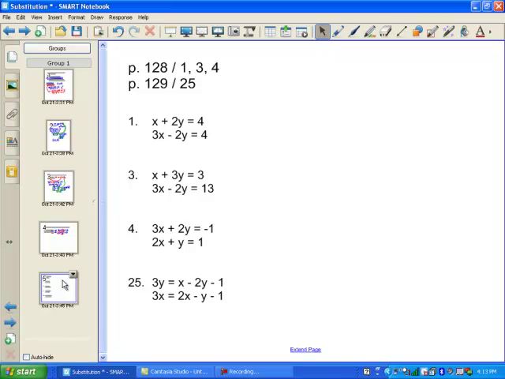So you'll notice if you scan them quickly that in each of the first 3, you can identify immediately that there is a variable in one of the equations whose coefficient is 1. Number 25 is similar to that last one that we looked at together, where you'll need to put that into standard form before you can be sure that there is a variable that will have a coefficient of 1.